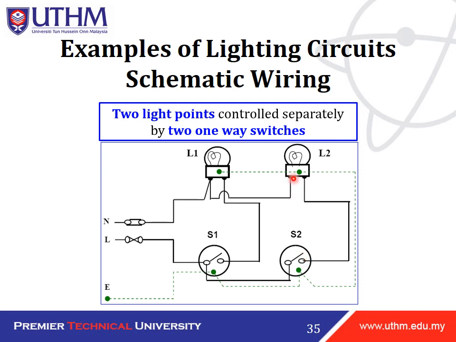In case we want to switch on L2, we need to switch on S2. And if we want to turn on only L1, we need to switch on S1. So each switch controls one.